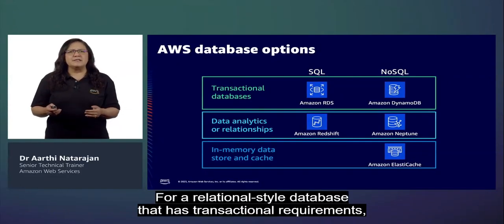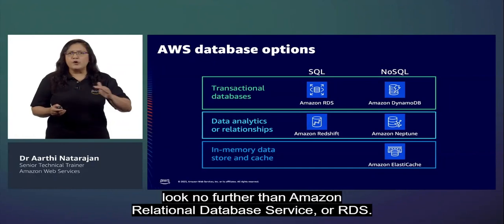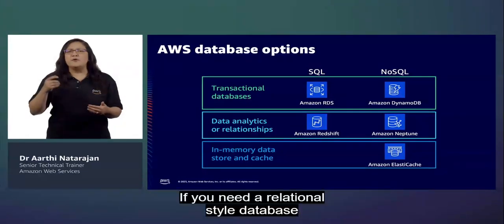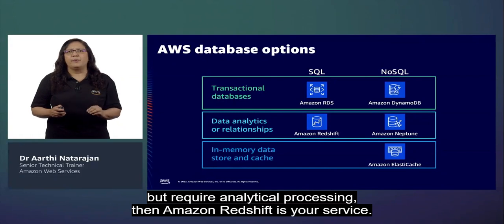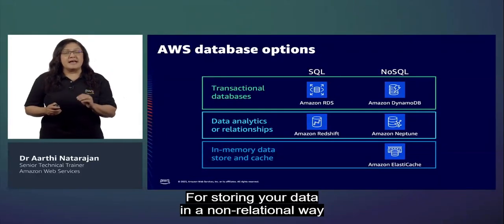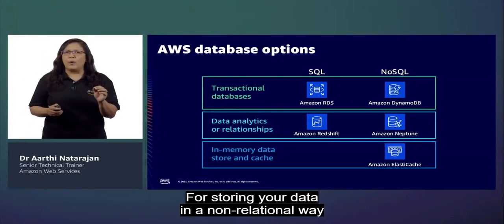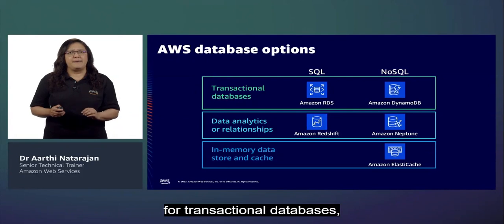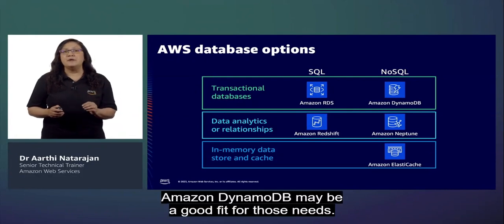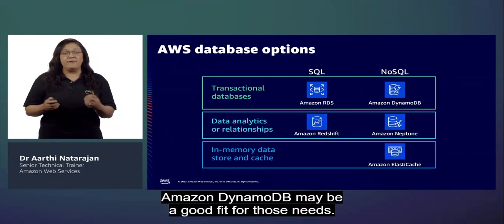For a relational style database that has transactional requirements, look no further than Amazon Relational Database Service, or RDS. If you need a relational style database but require analytical processing, then Amazon Redshift is your service. For storing your data in a non-relational way for transactional databases, Amazon DynamoDB may be a good fit for those needs.